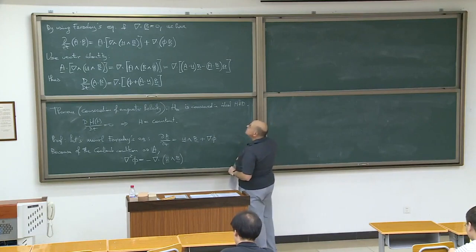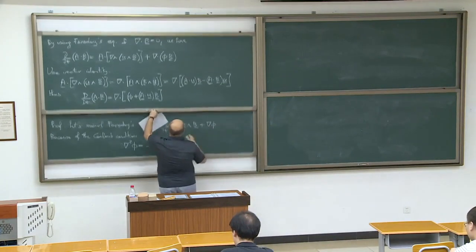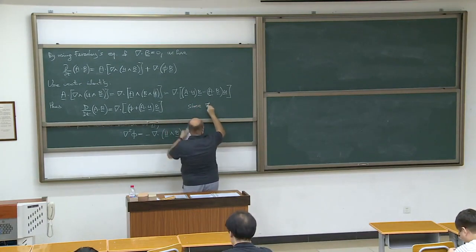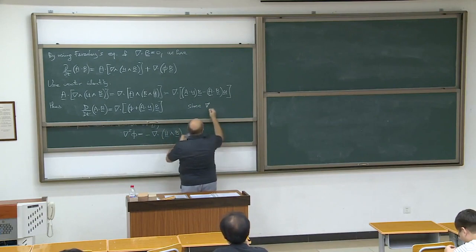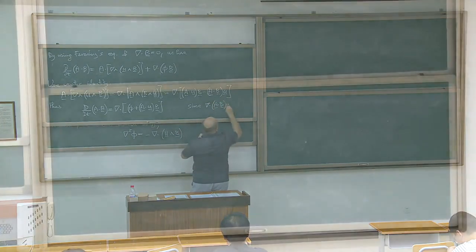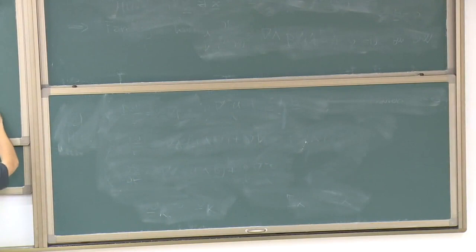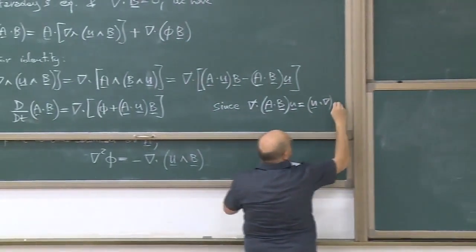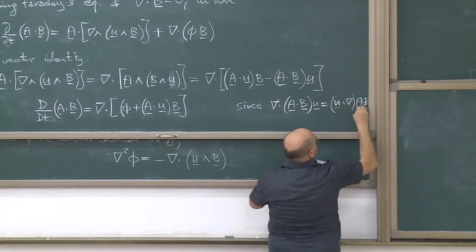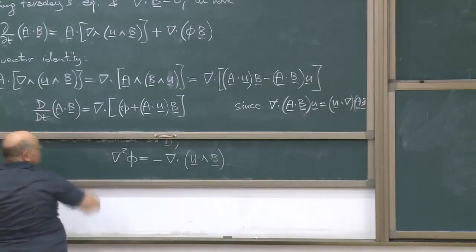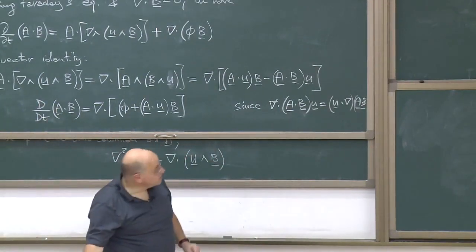Just to make sure that we understand each other, I should add that div of A B of U is equal to U dot grad AB, because I want to construct this term.